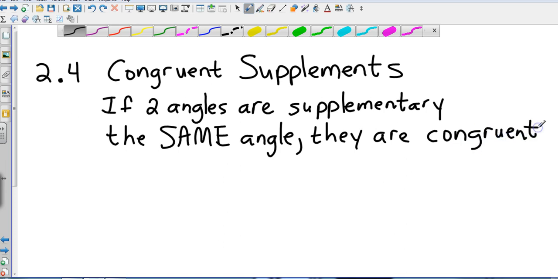Again, it does make logical sense. But again, we can use this theorem in our proofs.